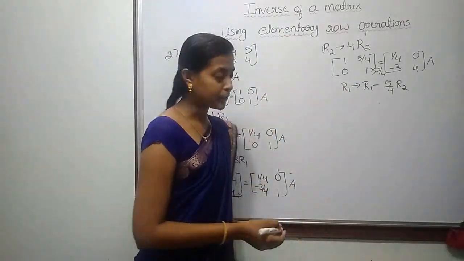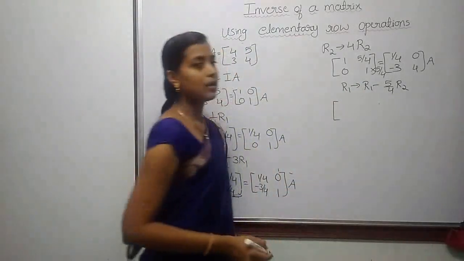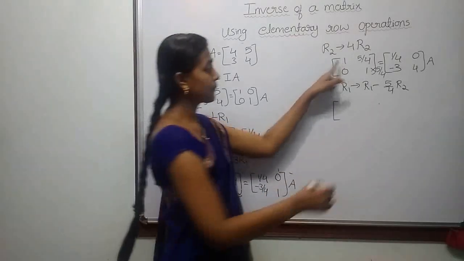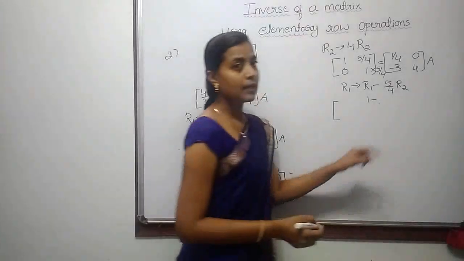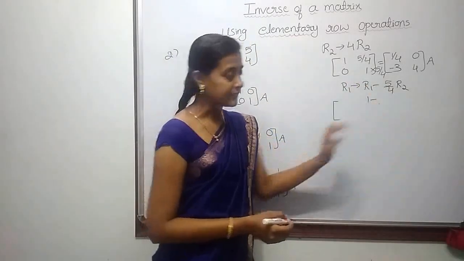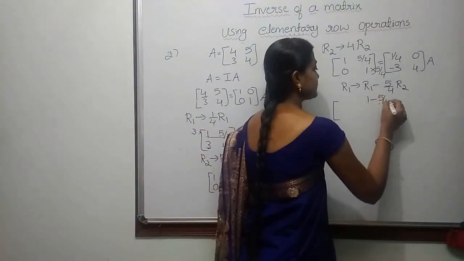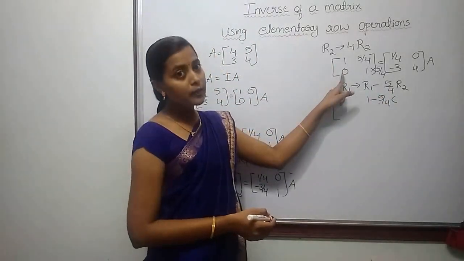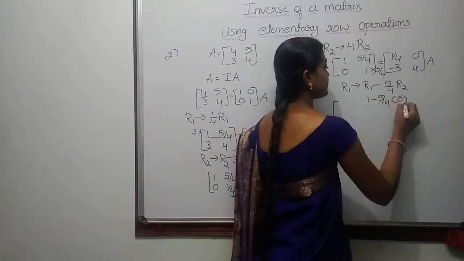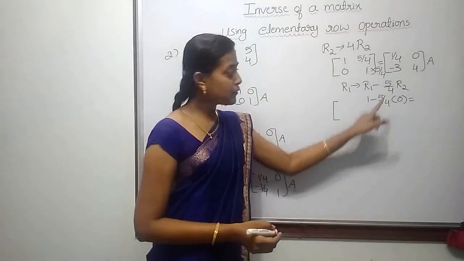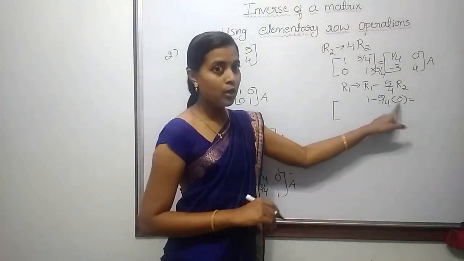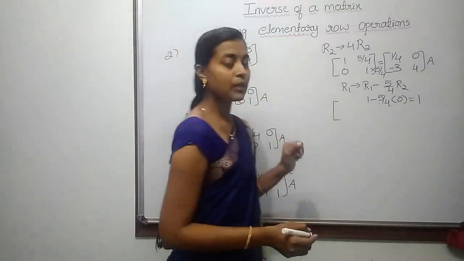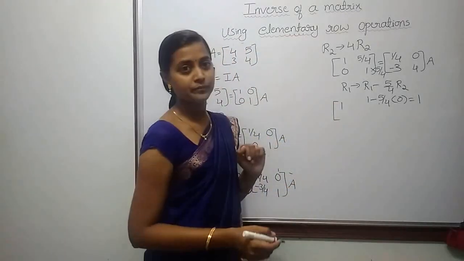Let us apply this operation. R1, first element of R1 is 1 minus 5 by 4 as it is. R2, first element of R2 is 0. 5 by 4 into 0 is 0. 1 minus 0 is 1. I will write the element here.